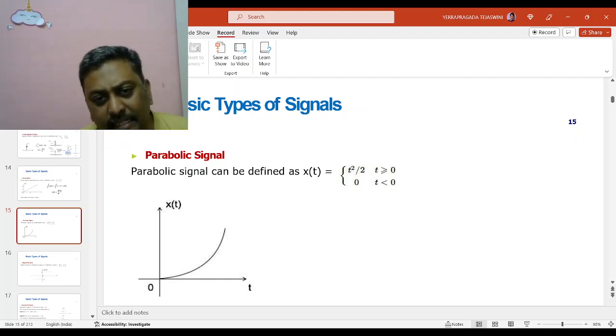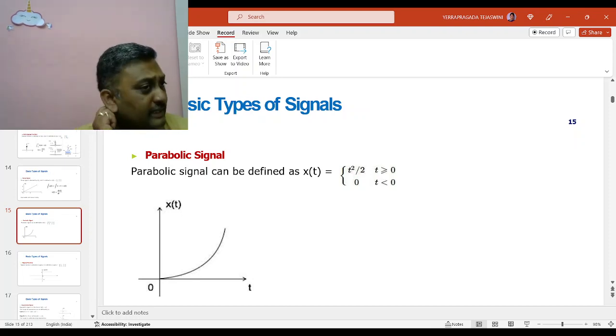Here you can see the parabolic signal is defined as x of t. This x of t represents the complete signal, and t stands for the time, x of t is equal to t square by 2 when t is greater than or equal to 0. From 0 the value starts, and it would be half of t squared.